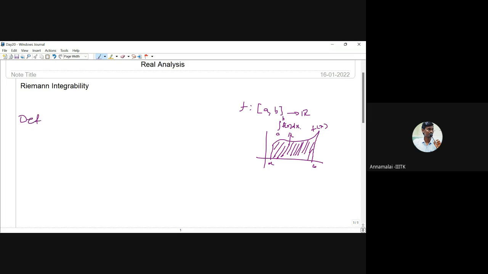So, the definition of partition: a partition, sometimes called a subdivision, which we call P, of a closed interval [a, b] is a finite set.